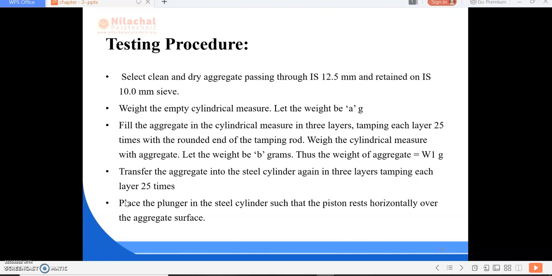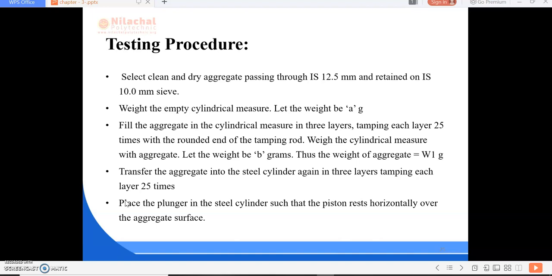Fill the aggregate in the cylindrical measure in 3 layers, tamping each layer 25 times with the rounded end of the tamping rod. In the impact test also we followed this same procedure.